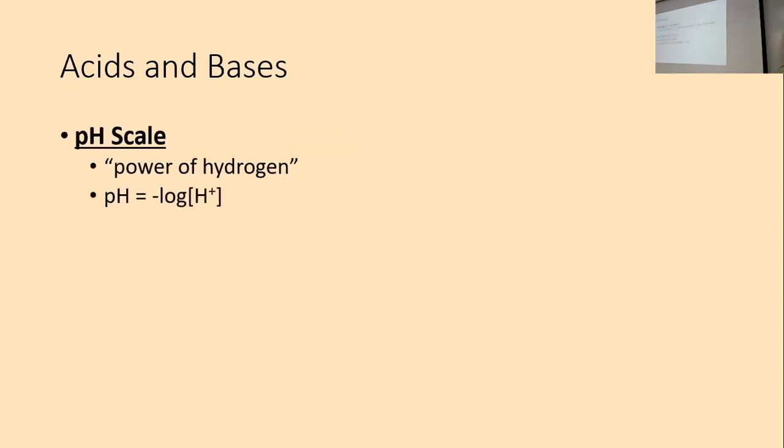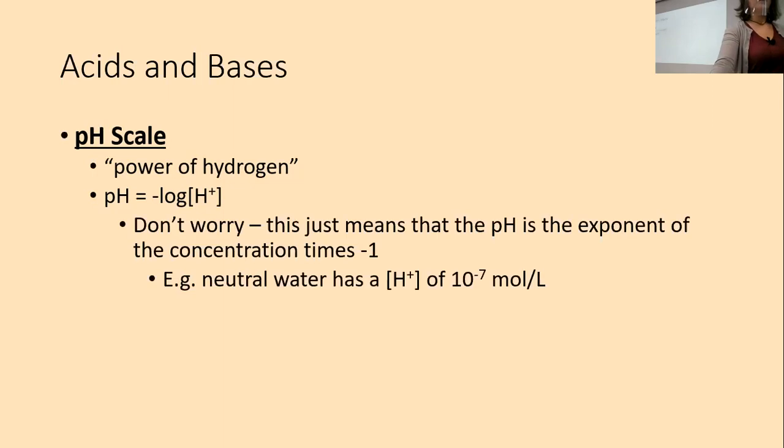But not everything is pure water, obviously. So we have the pH scale, which is how we measure how acidic or basic something is, right? And so pH just means the power of hydrogen. And pH is equal to the negative log of the concentration of the protons. Don't worry, we're not going to do math.